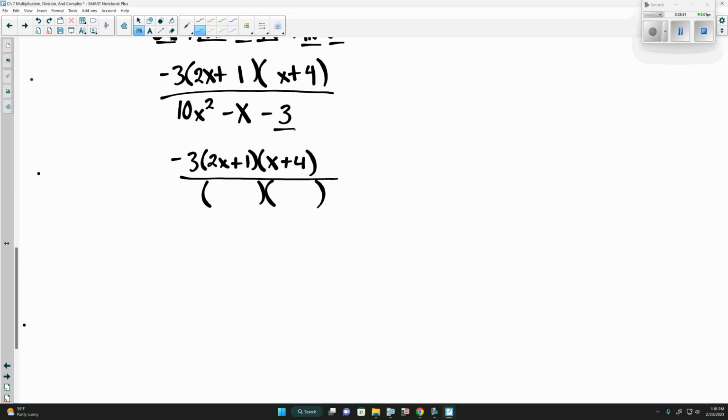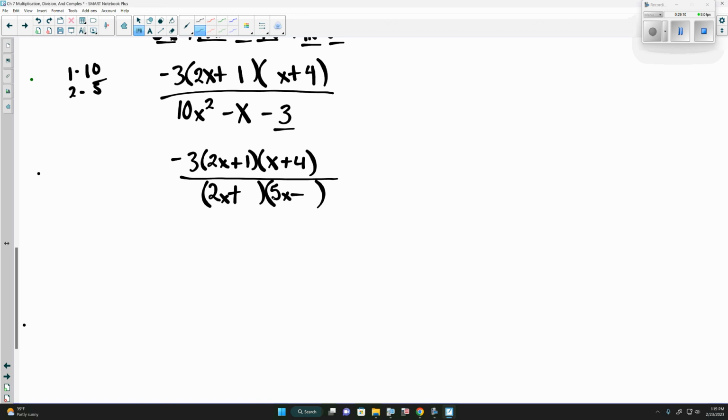Since the 3 is negative, our signs are opposite, positive and negative. Factors of 10x squared are 1 and 10, 2 and 5. Well, where should we put the 2? Positive, because if we want one of them to either be 2x plus 1 or x plus 4, well, 2x plus 1 looks like the better choice.